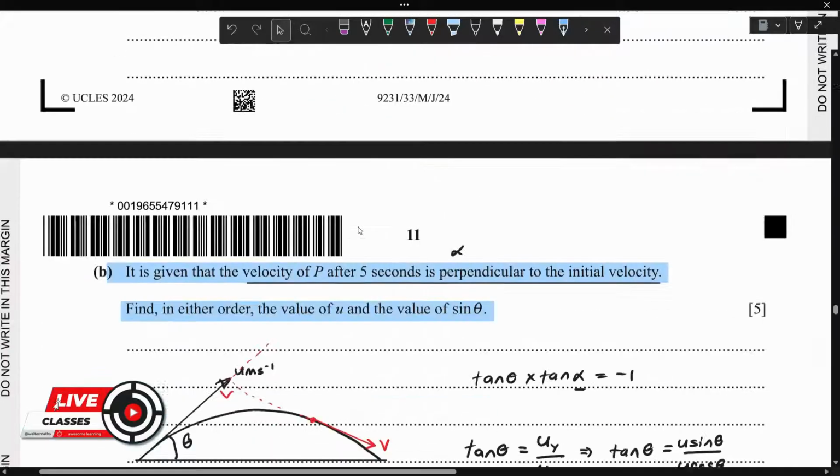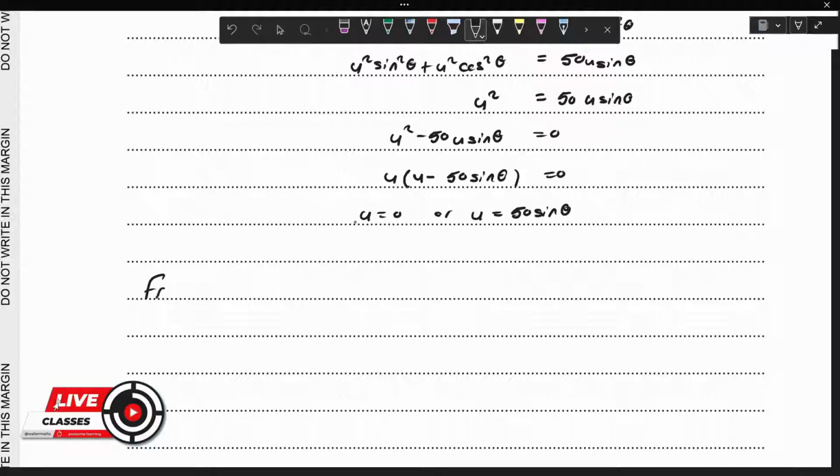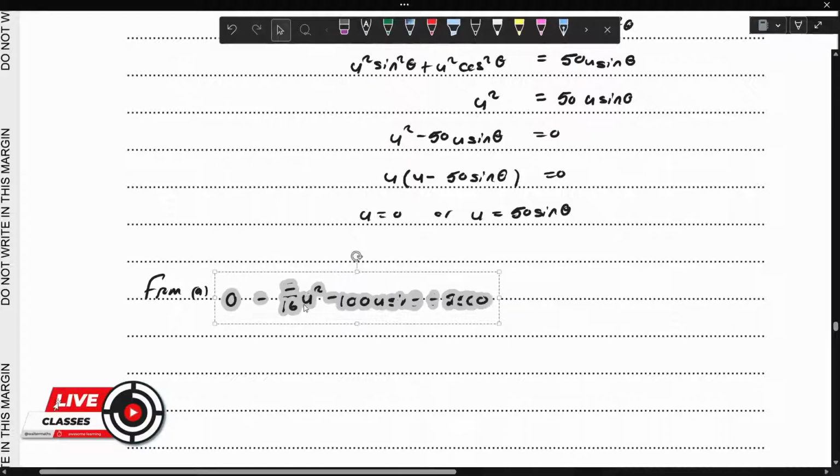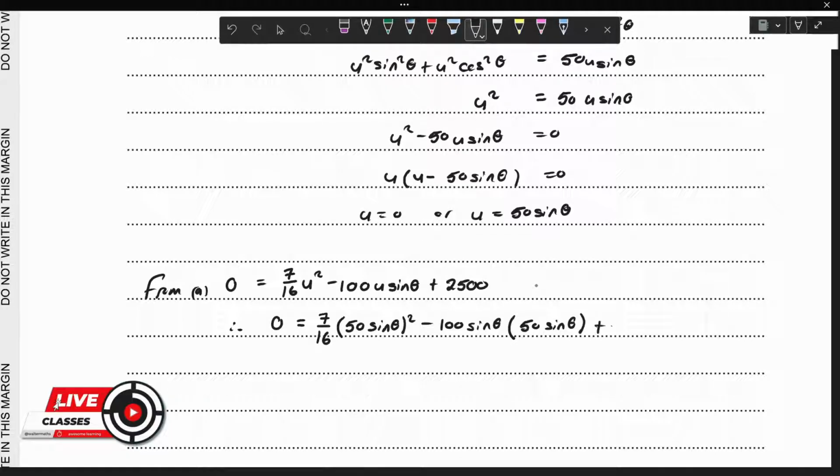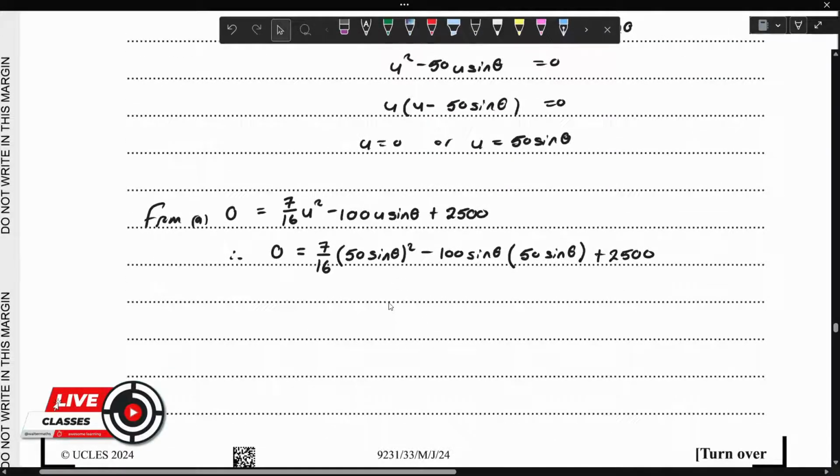From A, we had gotten this, which would mean we'll be having 0 being equal to 7 over 16 of 50 sine theta squared minus 100 sine theta of 50 sine theta, plus 2,500. I've expanded all of them.